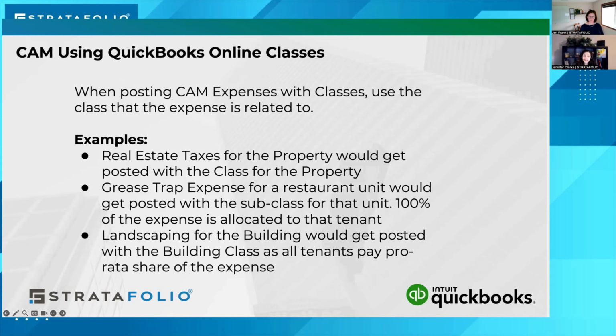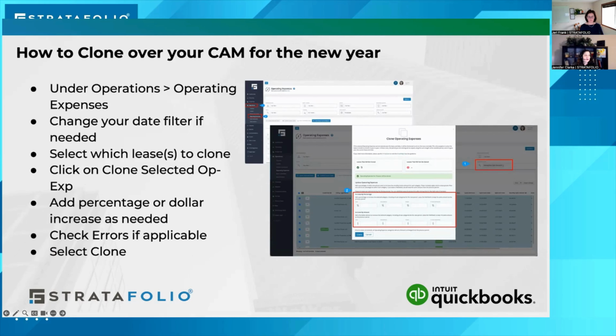So this is the very down and just the high level for how to clone your CAM to the new year. In a minute, we'll show you a video, but basically you're going to go under Operations to Operating Expenses. You can change the date filter if you need to. Then you're going to click on the checkbox for the tenant or tenants that you need to select.